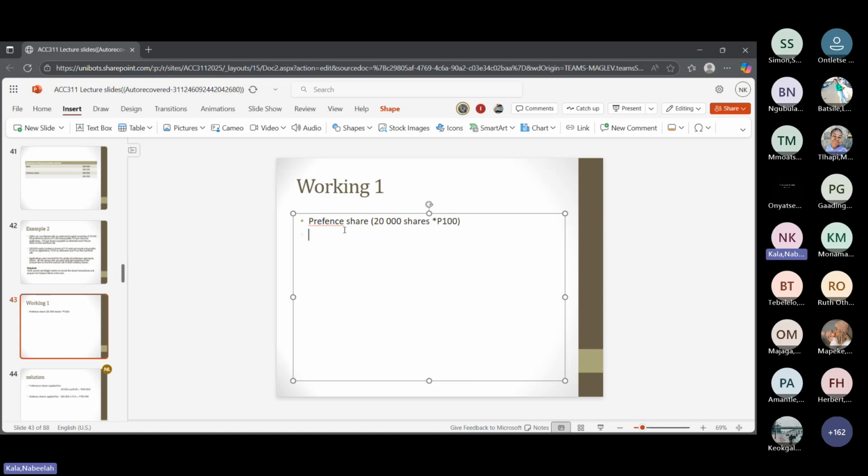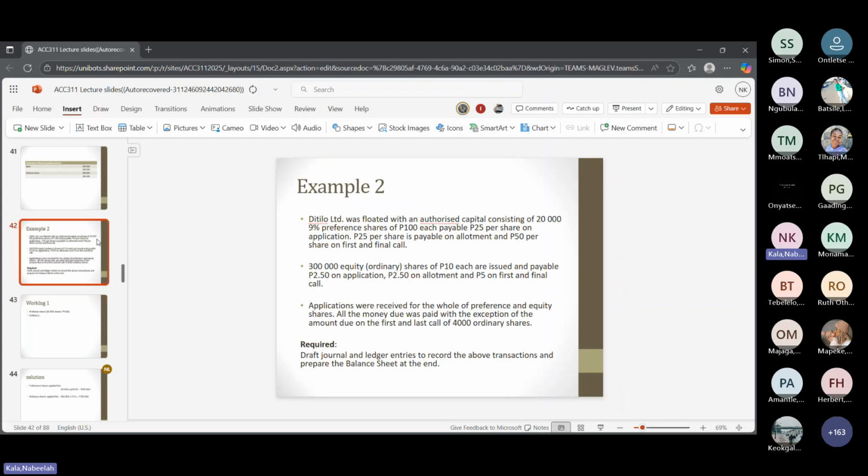Then on ordinary share, we are told that it issued 300,000 ordinary shares of 10 puller each.